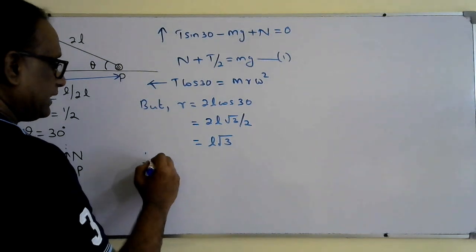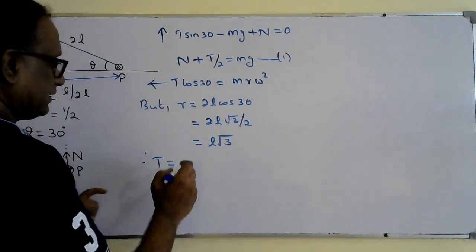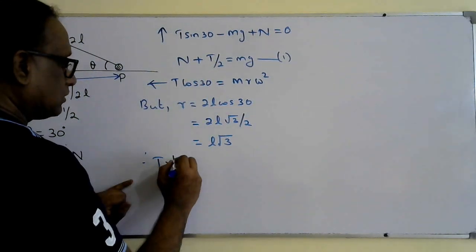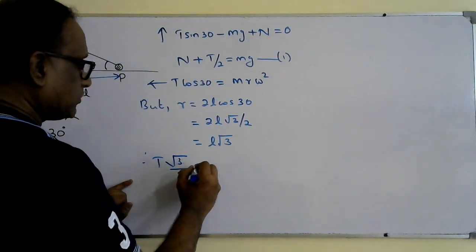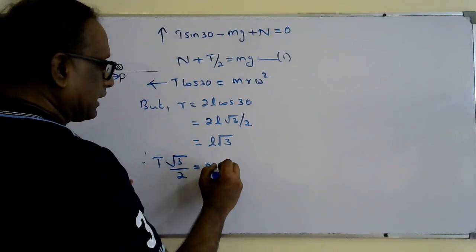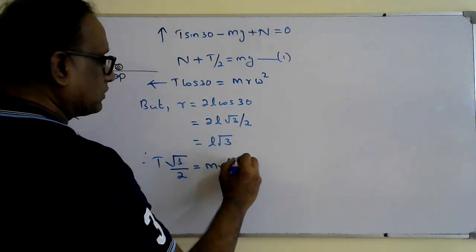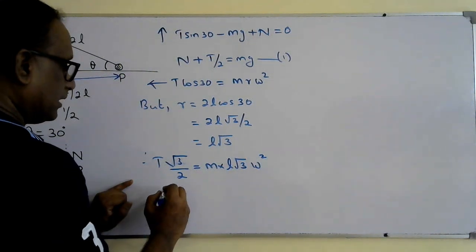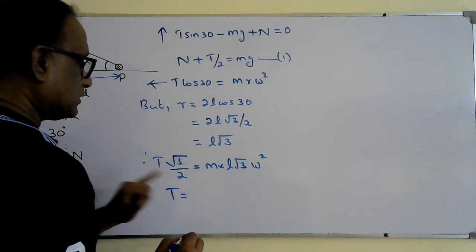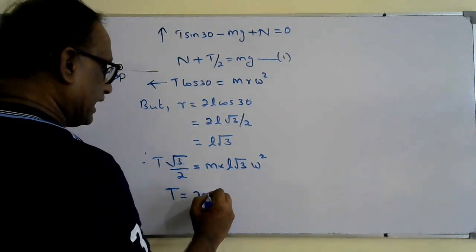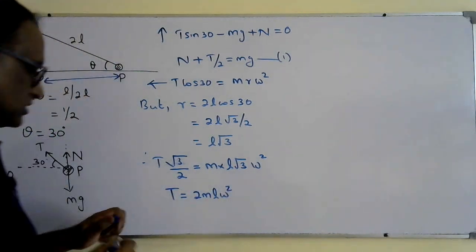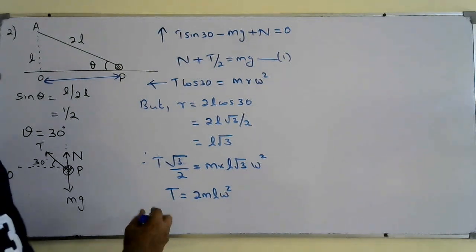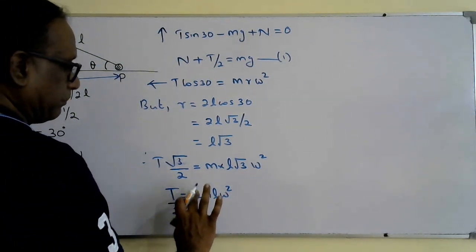Therefore, I use this equation again, T cos 30, so cos 30 is root 3 by 2. Root 3 by 2 T is equal to m into r, that is L root 3, omega squared. So T is equal to 2 m l omega squared, or we can say T by 2 is equal to m l omega squared.